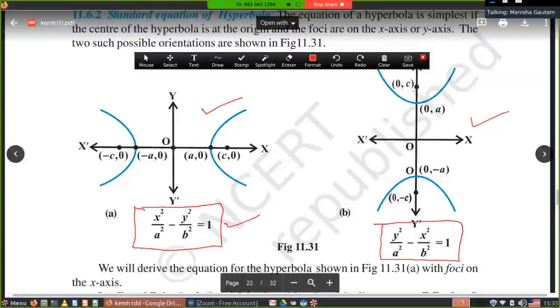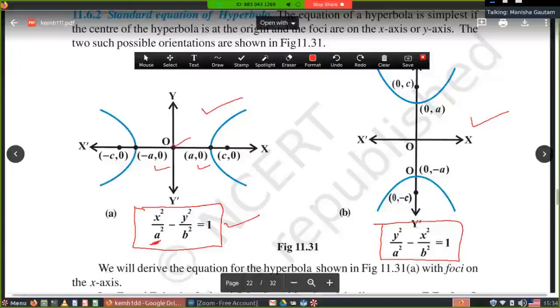Now here the center is 0, 0. Vertices are plus minus a, 0, and foci are minus c, 0 and c comma 0, or plus minus c comma 0. In the case of vertical hyperbolas, 0 comma a and 0 comma minus a are the vertices, and foci are 0 comma plus minus c. Here you can observe x square upon a square.